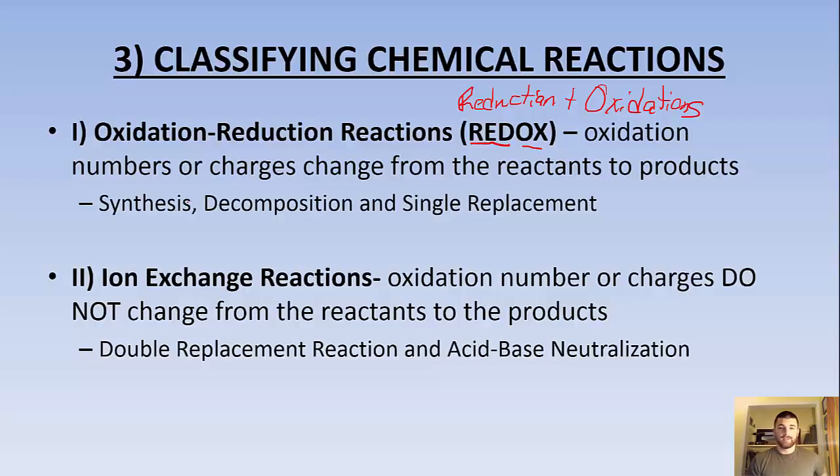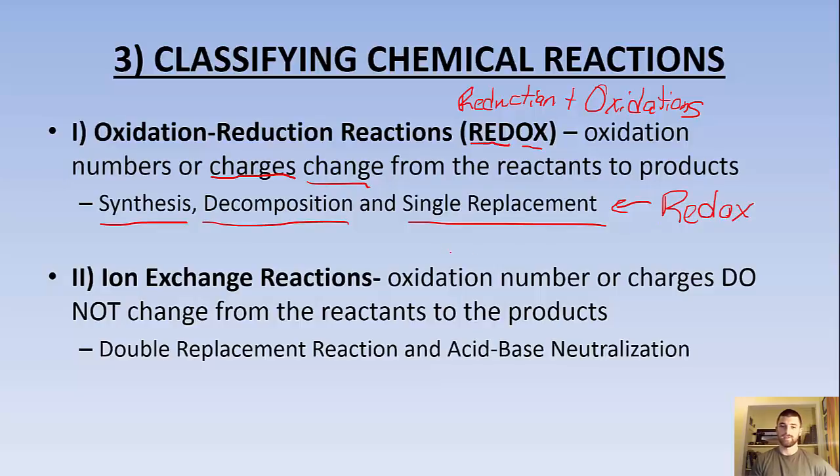So that has to do with the charges on the atoms. If the charges change, then you have a redox reaction. You have an exchange of electrons, one atom losing electrons and another atom gaining them. The types of reactions that are redox reactions would be synthesis, decomposition, and single replacement. They're all redox reactions. They involve the transfer of electrons.